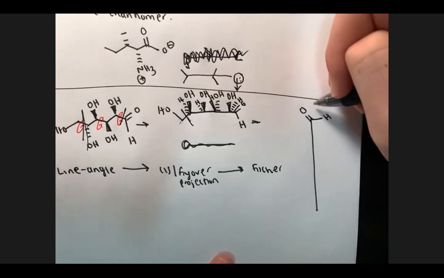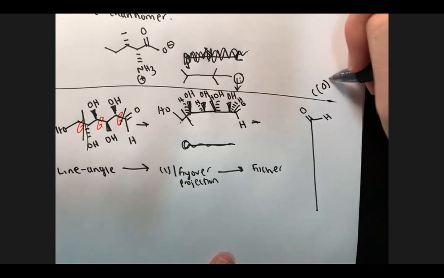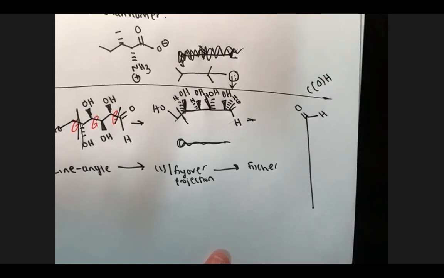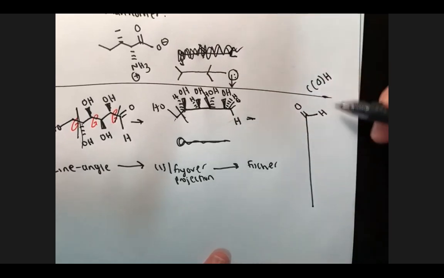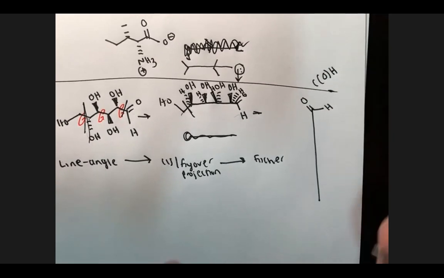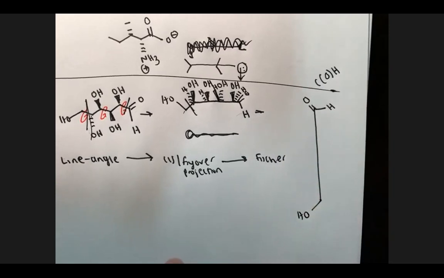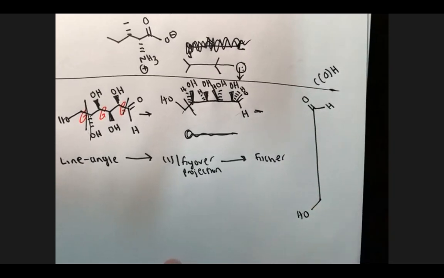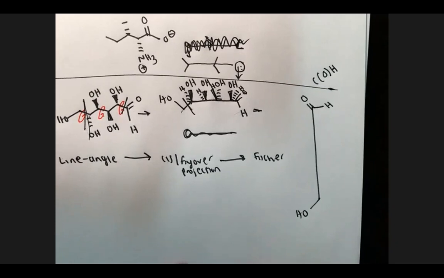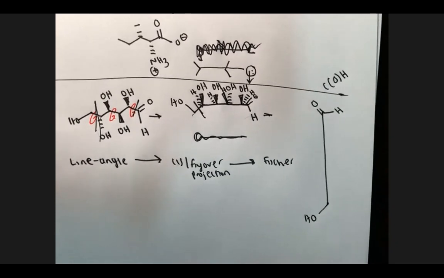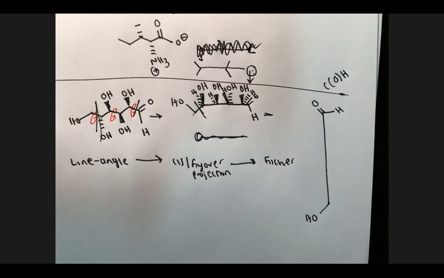The abbreviation for aldehyde is C parenthesis O H, so you could have just written that, or drawn an inline angle formula. Same thing down below: we have the CH2 group and then the hydroxyl group. That's the first thing. Now, however many chiral centers there are, you have to draw horizontal lines.